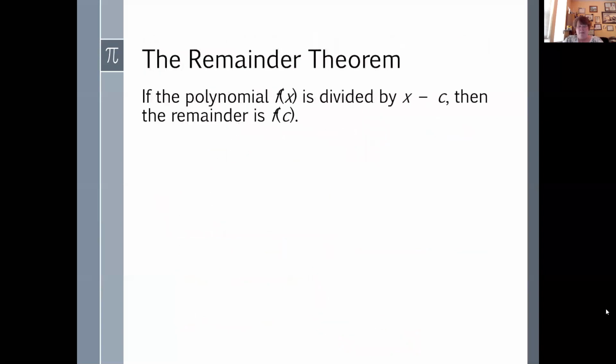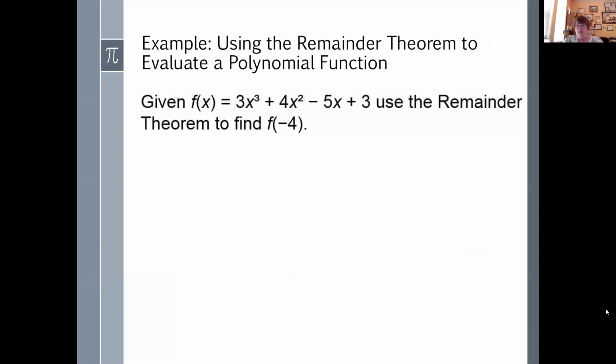Okay? So for example, what's f of x equals 3x to the third plus 4x squared minus 5x plus 3 when you evaluate it at x equals negative 4? Now you could certainly plug in negative 4 for x and take your calculator out and do that.